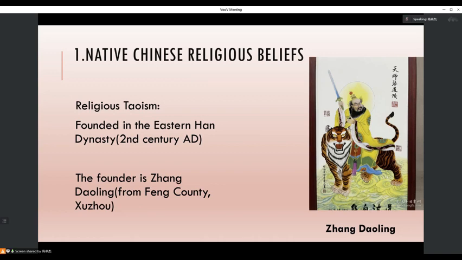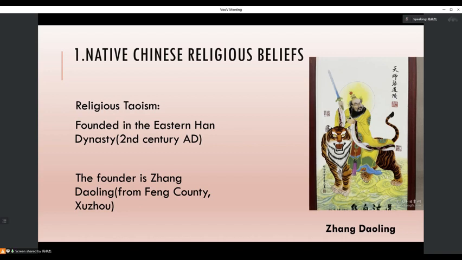There is a place in Xuzhou named Pengdu. You can go to Pengdu Park and learn something about Pengdu, who lived for about 800 years, just like an immortal, a god. Thus, the founder is Zhang Daoling, but Zhang Daoling respected Laozi.